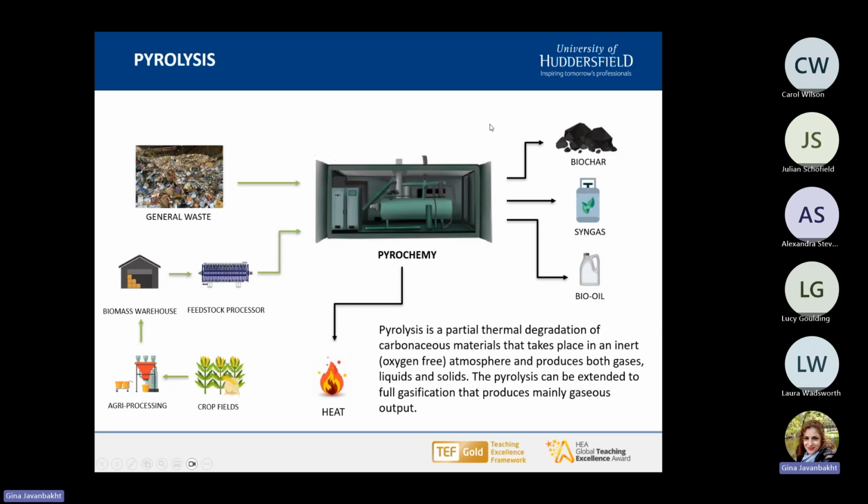But how does it work? We can collect general waste. It can be medical waste, agricultural waste, or any type of waste. Usually we do some pre-treatment before using it.